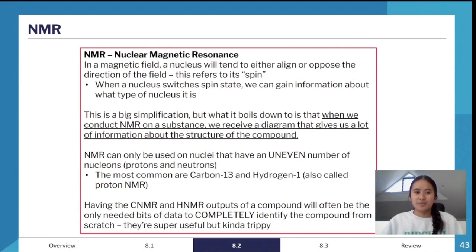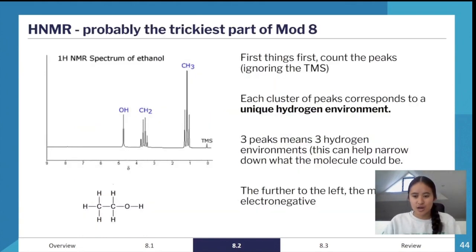So it's very important that you know how to read these, and I will go over that now.